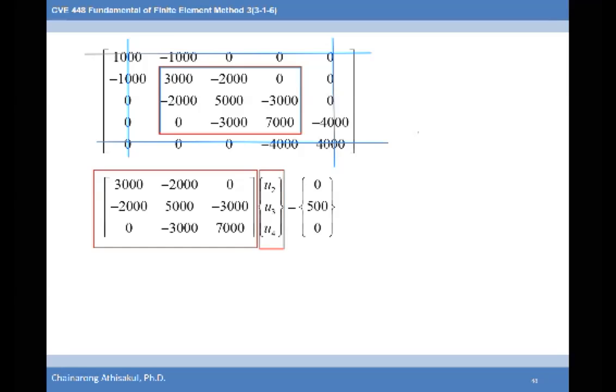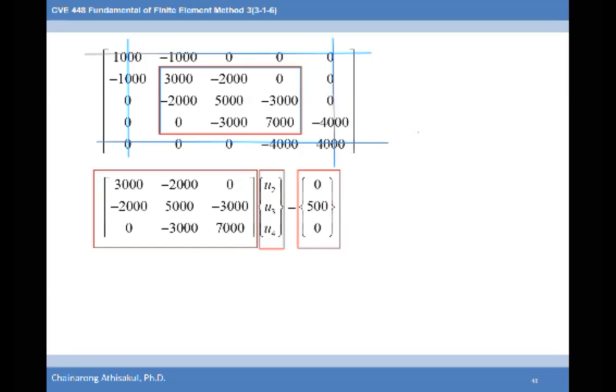The force is applied at node number 3. So according to this, we can solve for U2, U3, and U4. So that's all for this example.